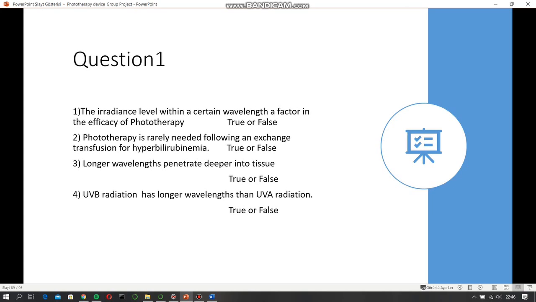The last question is: ultraviolet B radiation has longer wavelengths than ultraviolet A radiation. The solution is false, because ultraviolet A occurs in 400 to 320 nanometers, and ultraviolet B is 320 to 290 nanometers.